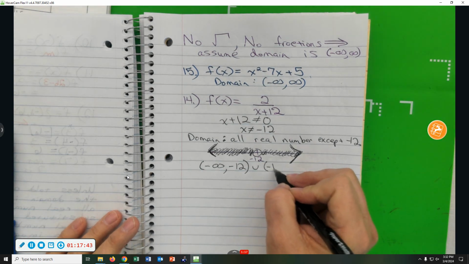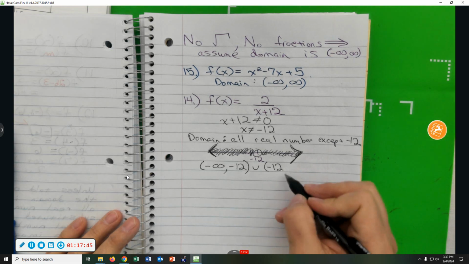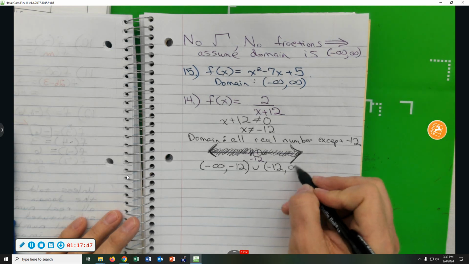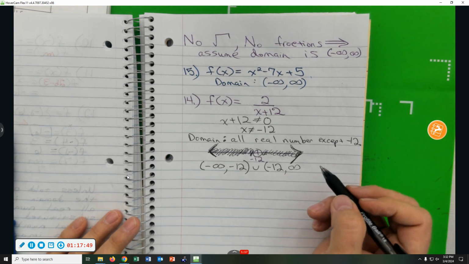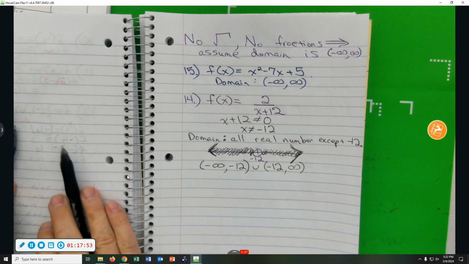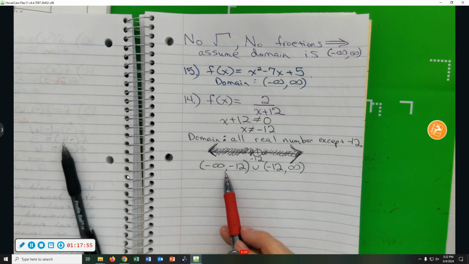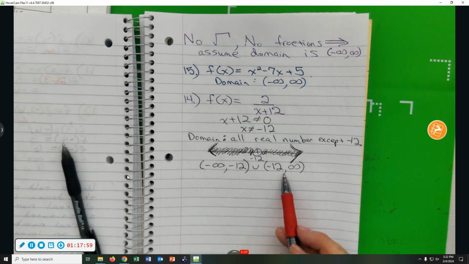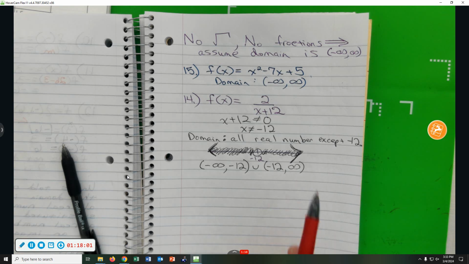Parentheses, negative 12, comma, positive infinity. What goes after the positive infinity? Another parenthesis. This is saying all the numbers to the left of negative 12. This is saying all the numbers to the right of negative 12. The only number that's not included is negative 12.